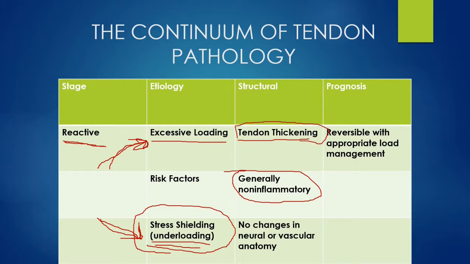Now, this thickening of the tendons can be a problem in regions of the body where there is no extra space to give. So, for example, thickening of the finger flexor tendons as they pass through the carpal tunnel is a problem because there is no excess space to absorb it.